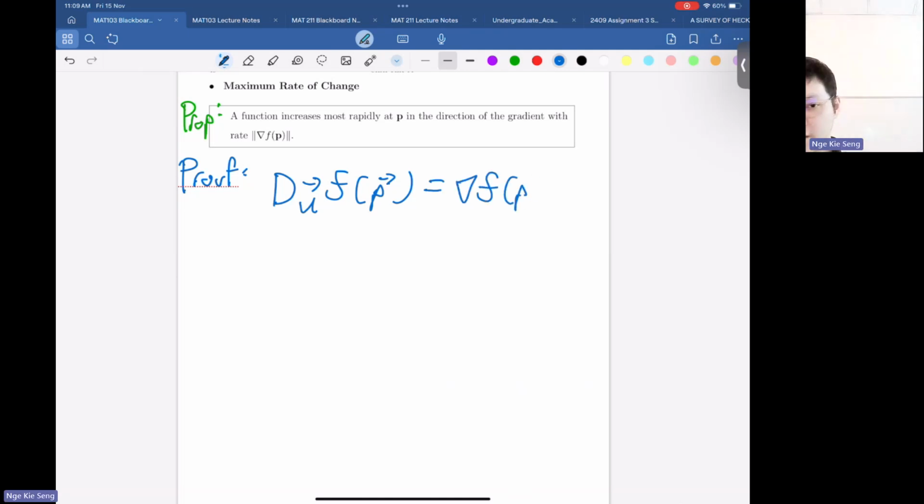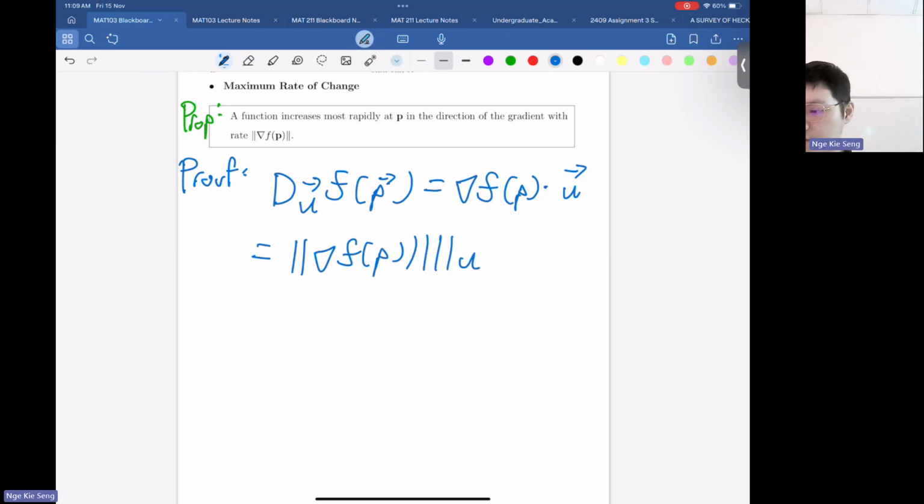But how do we compute D_u f(p)? D_u f(p) equals to what? Delta f(p) dot u. For the dot product there is a formula, does anyone remember? Norm of delta f(p) times norm of u times cosine theta. Then what does the question say? When is this number largest, most rapidly? What does theta refer to? The angle between the two vectors here, delta f and u. So when is this number largest? Cos theta ranges from where to where?